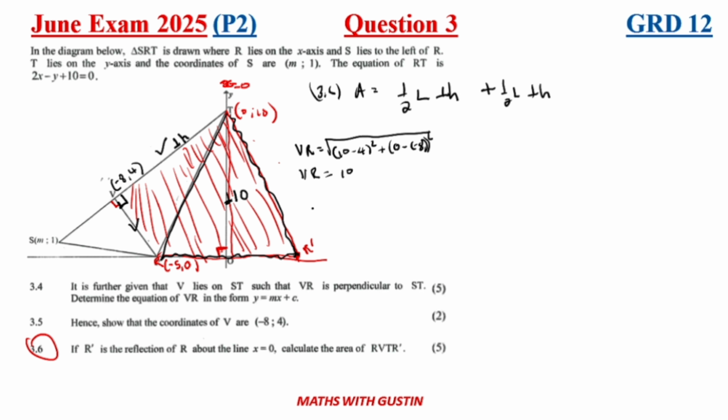Sorry, this is VT, right? Okay, this is VT. I'm a bit in a rush here, guys, let me slow down. VT, so therefore VR now will have, okay, VR is going to be equal to, let's see, -8 minus 5 all squared plus 4 minus 0 all squared. So therefore VR is equal to 5 units as well, right?